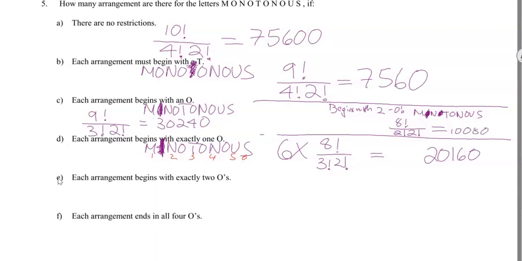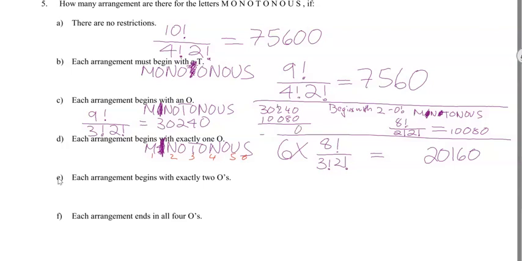So if we took the 30,240 that begin with 1 O or 2 or 3 or 4, and from that subtracted the ones that begin with 2 O's or 3 or 4, then what we'll be left with is the number that begin with exactly 1 O.